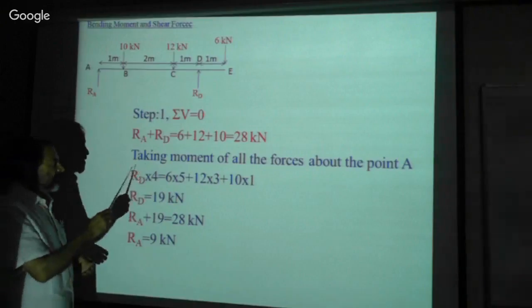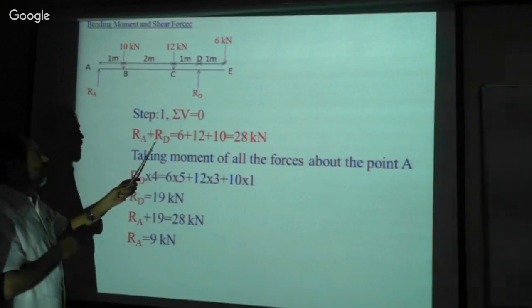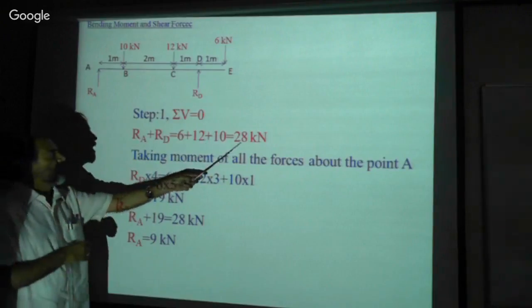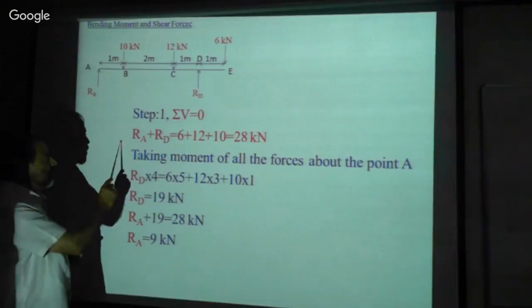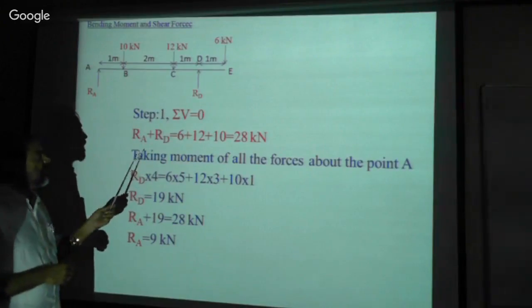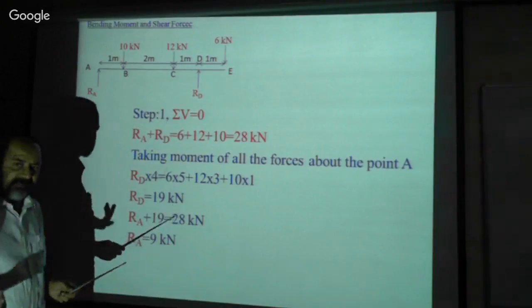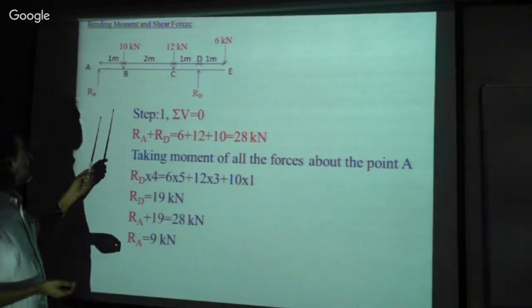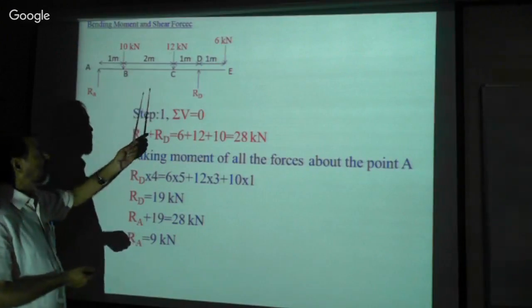To calculate the reaction, this is one equation we already have: RA plus RD is equal to 28 kN. There is one equation and two unknowns. Therefore, now we will call one more equation, that is sigma H is equal to 0. If we call sigma H is equal to 0, it is not relevant to this type of loading.